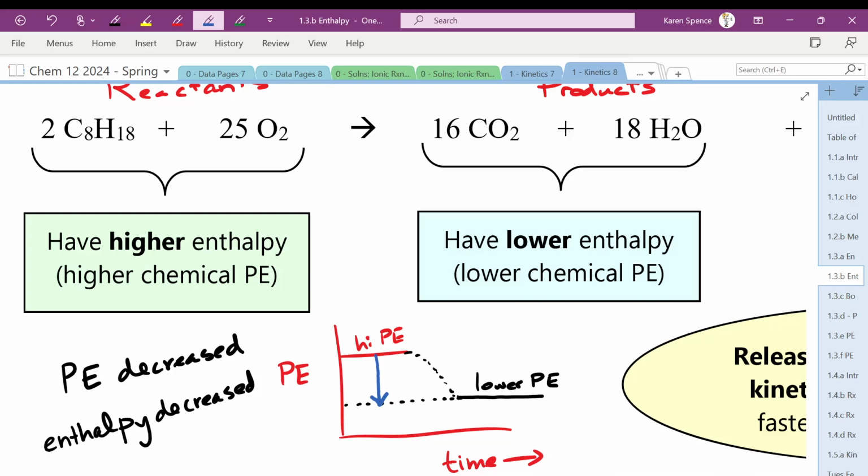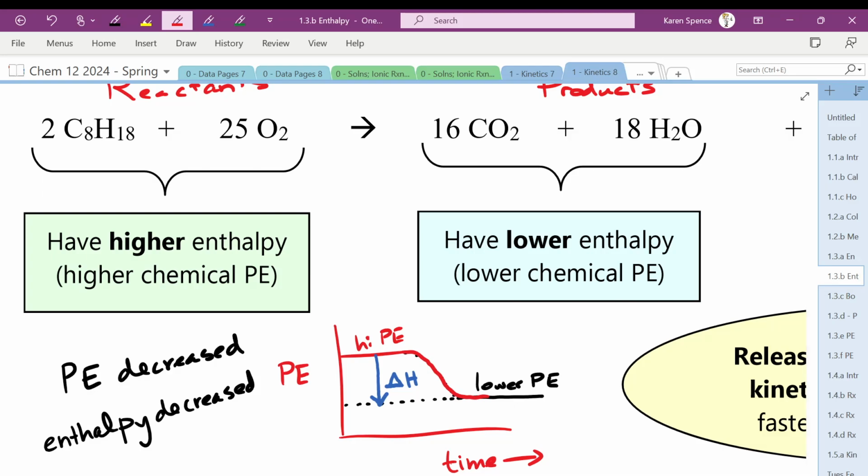And we could label that arrow the change in enthalpy, delta H. I don't know why I didn't connect that properly. Should look more like a curve like that, okay?